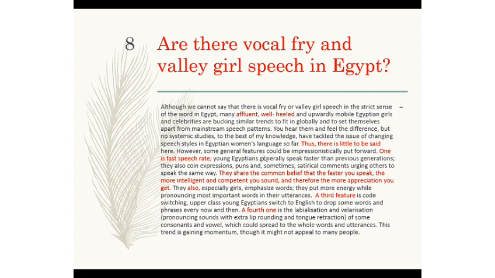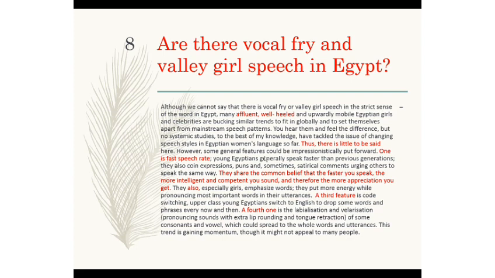Velarization is pronouncing sounds with extra lip rounding and tongue retraction of some consonants and vowels, which could spread to the whole words and utterances. This trend is gaining momentum, though it might not appeal to many people.